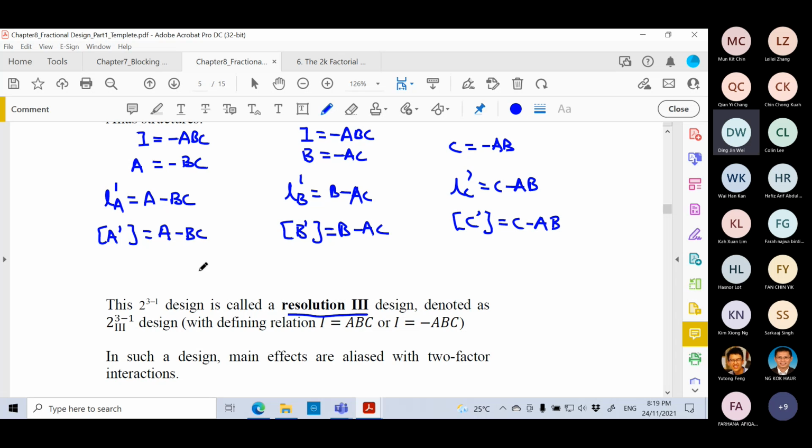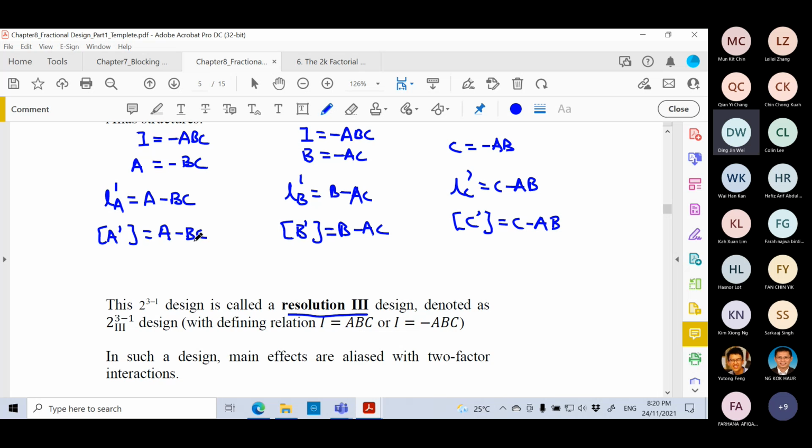Okay, so just now the minus sign means that it comes from A and BC as well. Is it just like the plus sign? Yes, they also come from A and BC, because they also come from here. You cannot say that this one comes from the A direction. These two components, only you run the negative signs, the negative part of the treatment combination.